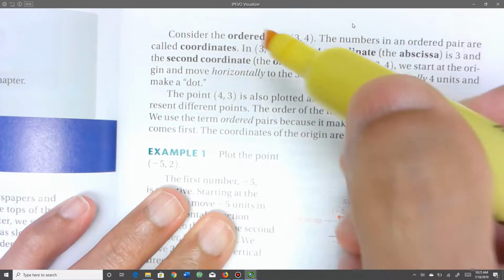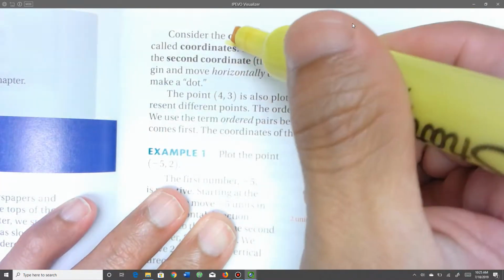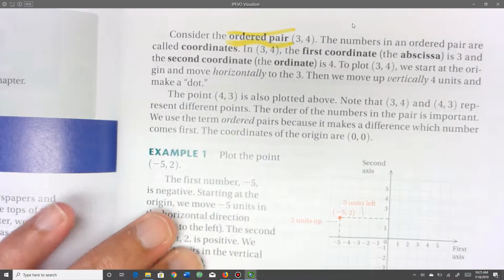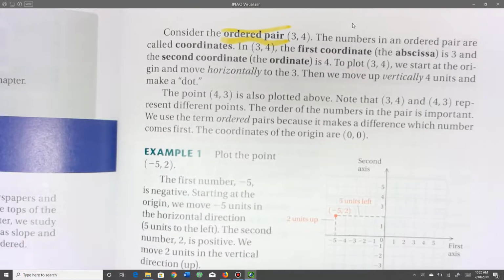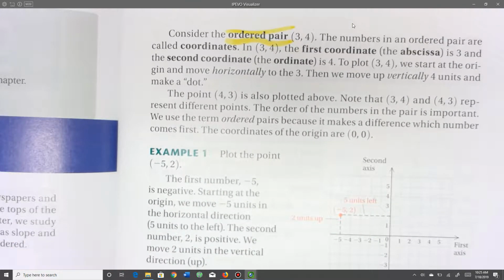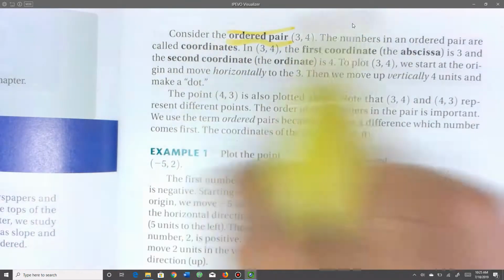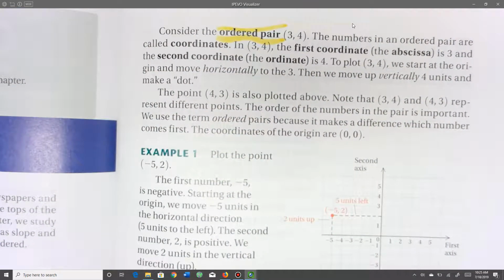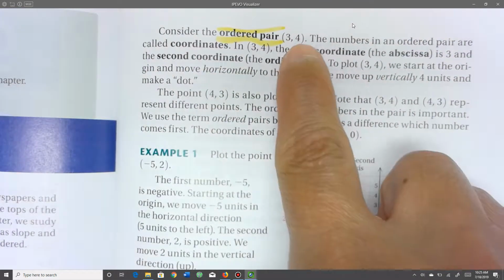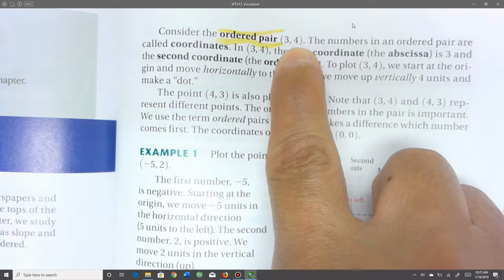So I'm going to go ahead and underline that ordered pair. Make sure you memorize that, and you don't have to know the rest of those words. Just know that an ordered pair looks like this.